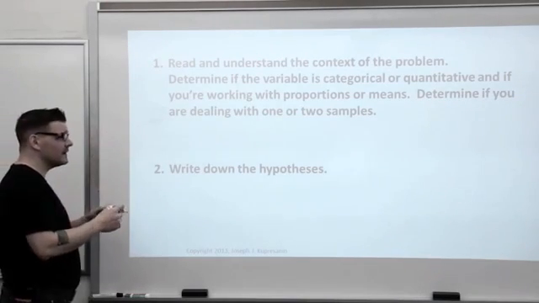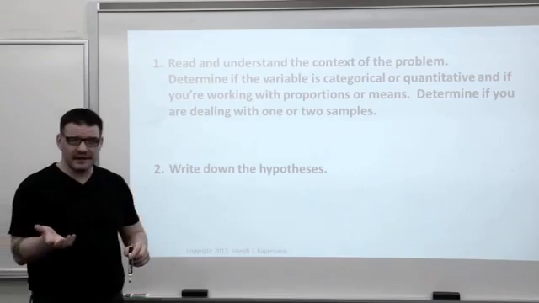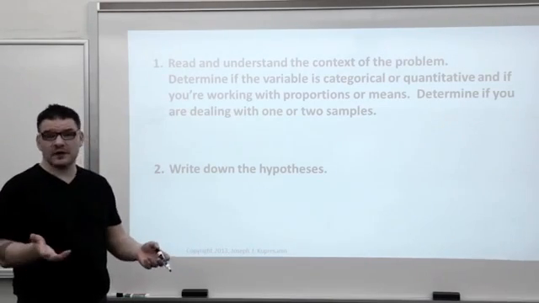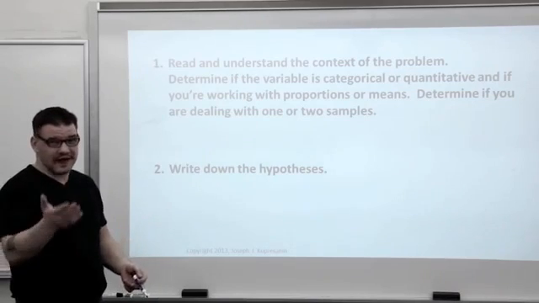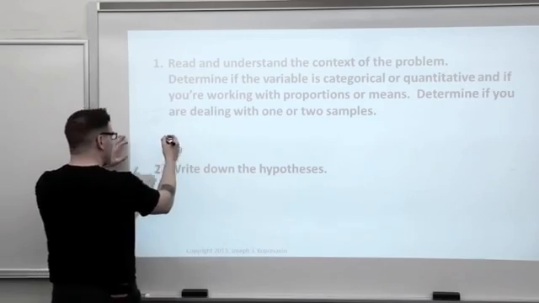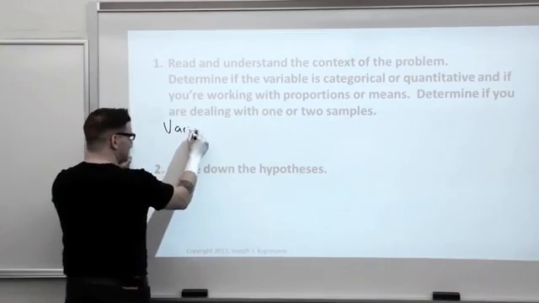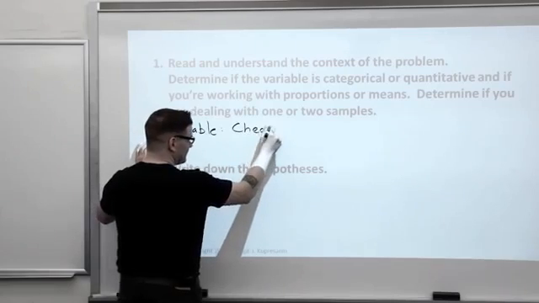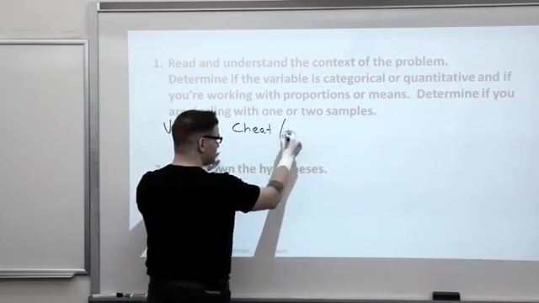One or two samples. All right, think of the data. The people administering the survey are asking students, do you cheat or don't you cheat? I would have a list of responses, yeses and nos, right? So the variable, let's jot a few notes down here. The variable in this problem is certainly categorical, right? Either you cheat or you don't.